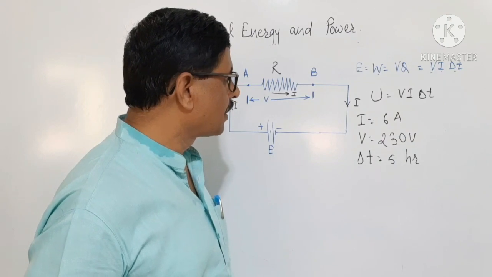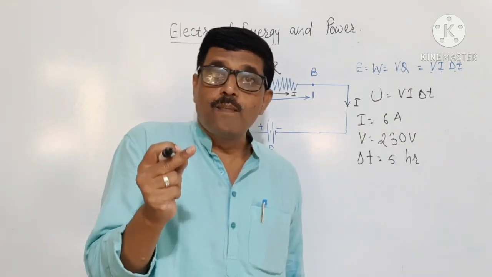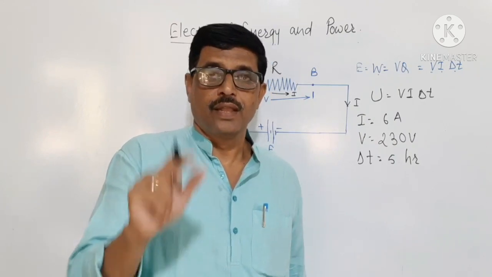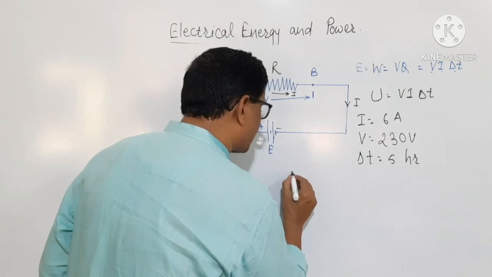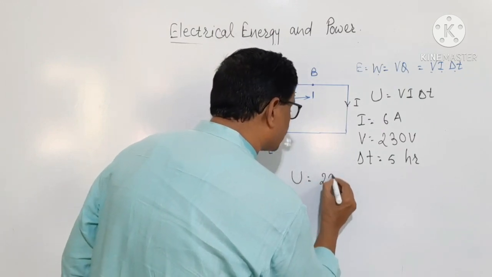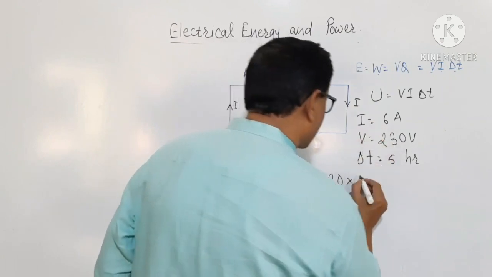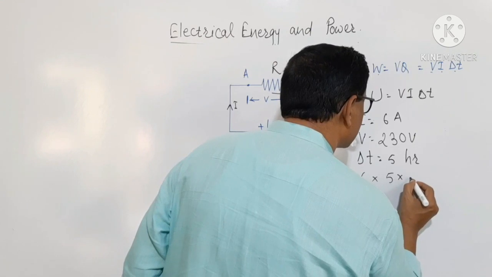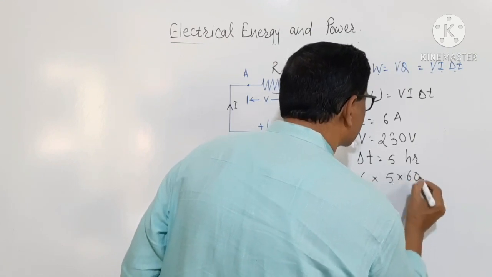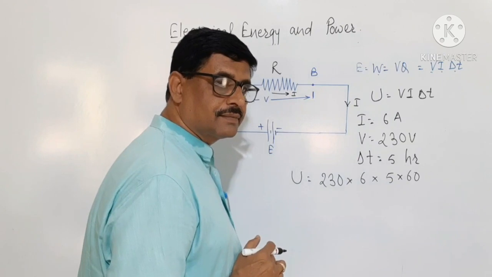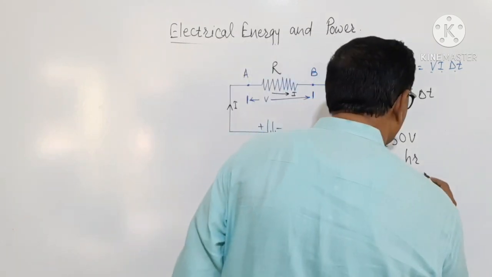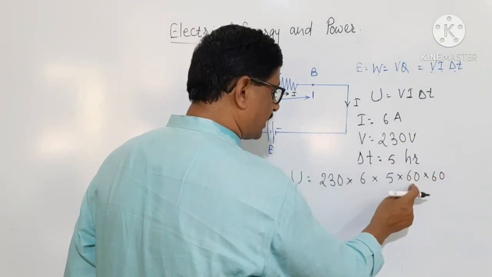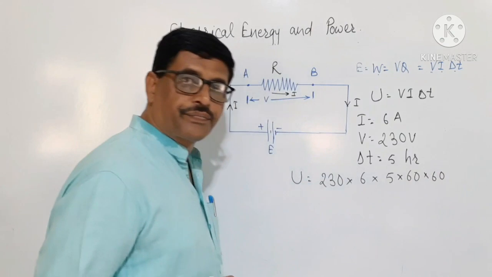In that case, how much is the energy consumed by the device? That we can determine. Energy consumed by the device is equal to 230 volt into the current 6 ampere into 5 hours. 5 hours means 5 into 60 minutes, into 60. This is hour converted into minute and minute converted into second.